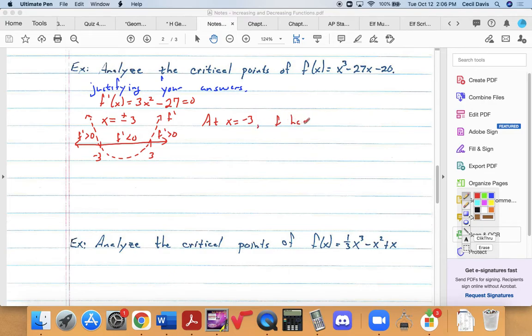f has a local maximum because f prime changes from positive to negative at x equals -3.